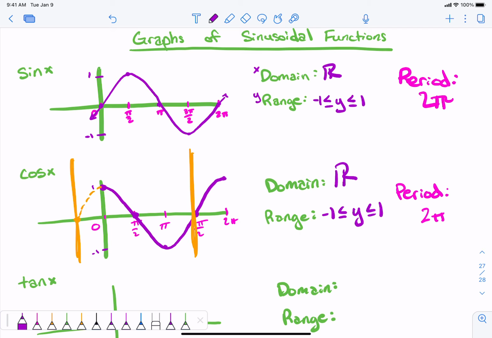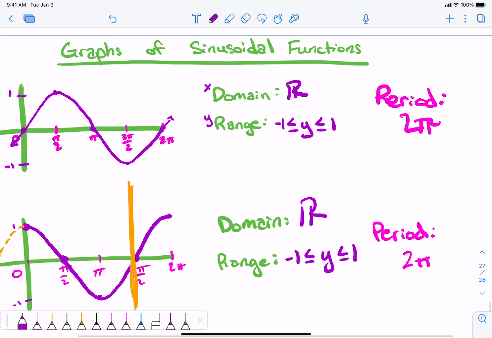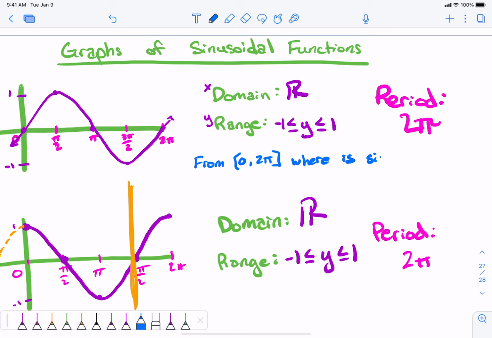Okay. So on Friday, we answered questions like, let's say for sine. Let me give you a question on here. From 0 to 2 pi. You want us to write this down? You can if you want. From 0 to 2 pi, where is sine of x equal to 1?